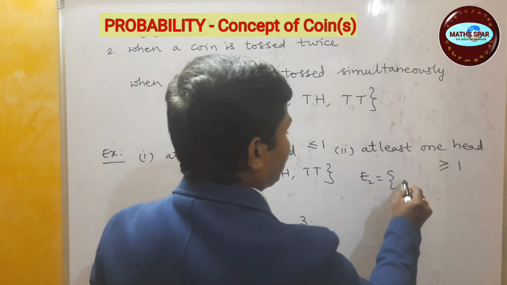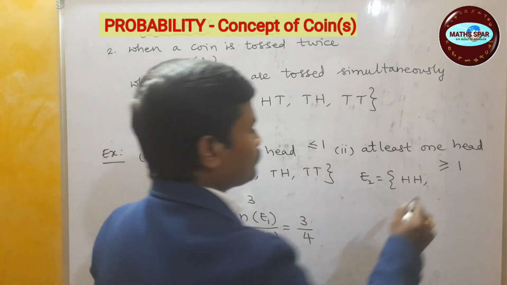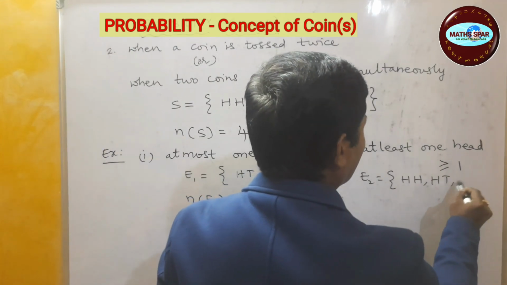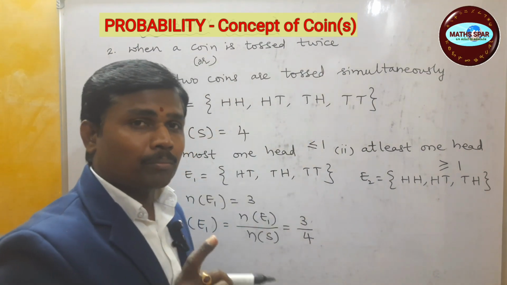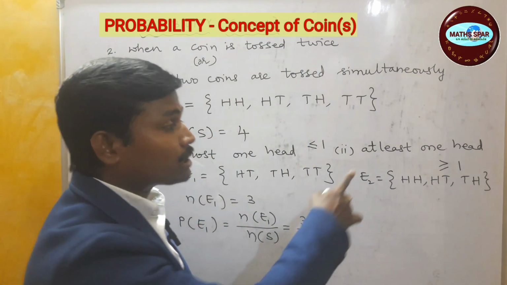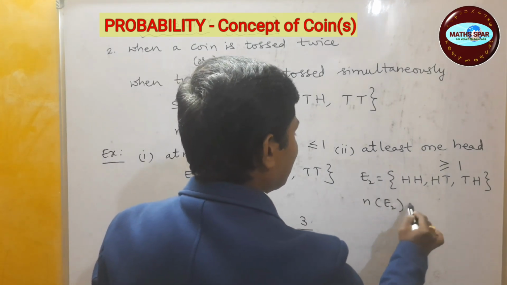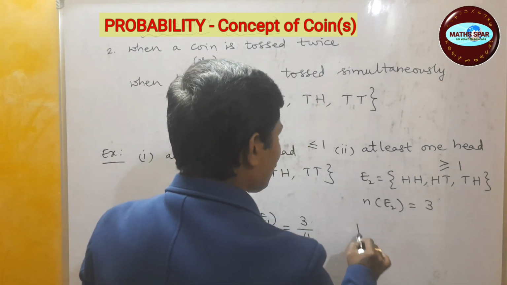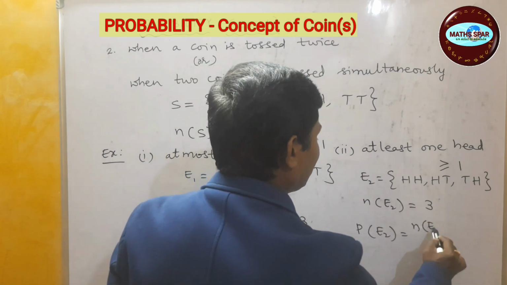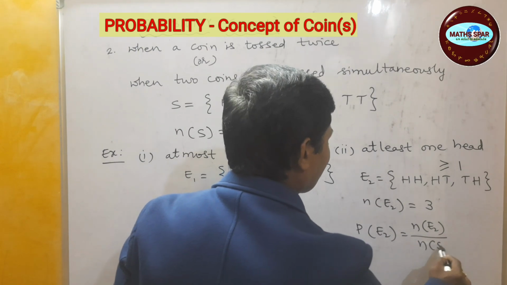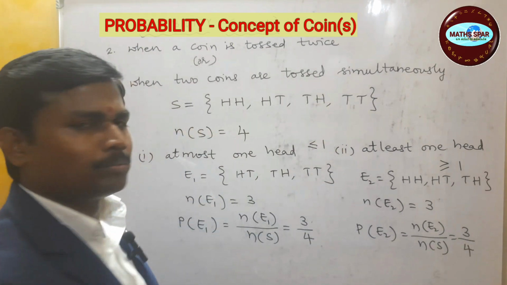So two heads also, no problem. So one head, one tail, one tail, one head. Tail tail will not come because it does not have at least one head. So n of E2 is 3. P of E2 is nothing but n of E2 by n of S, that is 3 by 4.